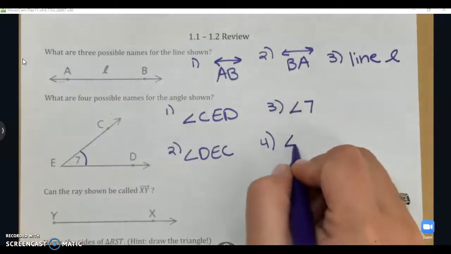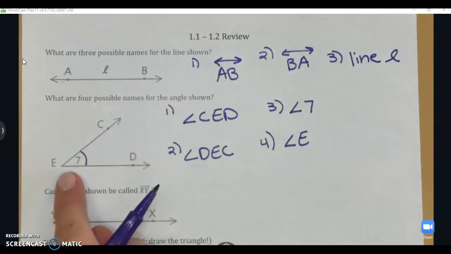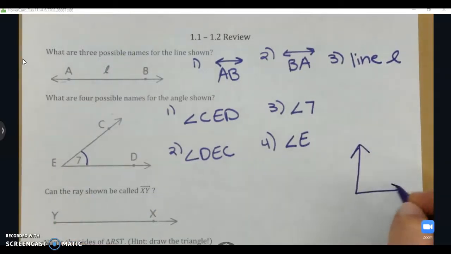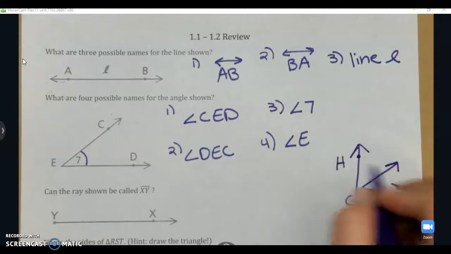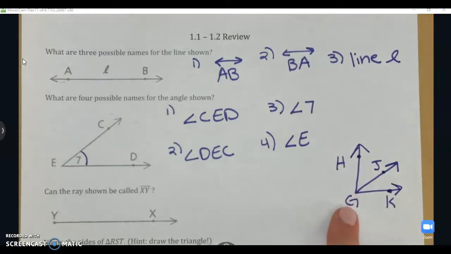We can call this angle E, but we can only do that because this angle does not have any other angles that share a vertex. If I had an angle like this, or let's call this angle G, H, J, and K, I cannot refer to any of these angles by just angle G because I have angle HGJ, I have angle JGK, and angle HGK.